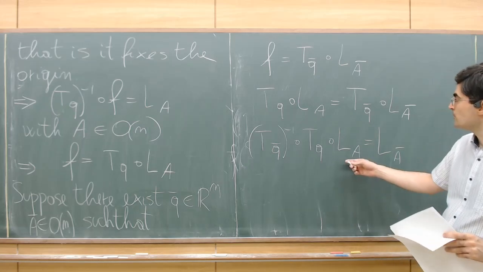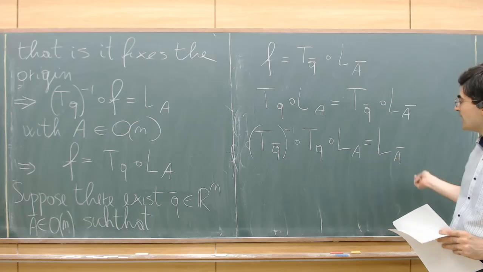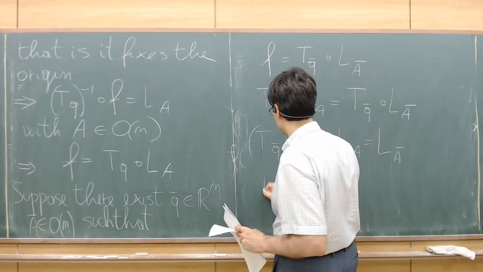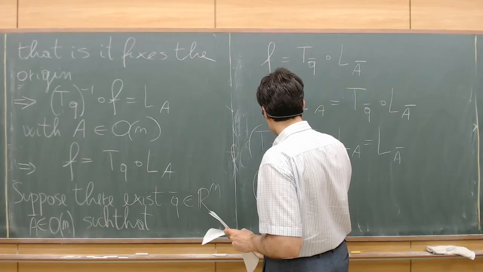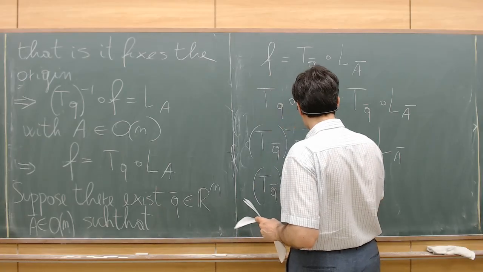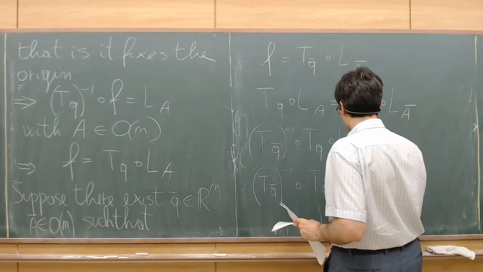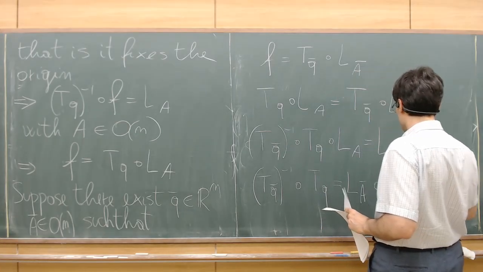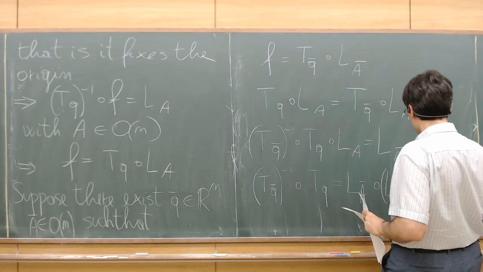Okay, now let's compose both sides on the right with the inverse of LA. So we get TQ bar inverse composed with TQ equal to LA bar composed with LA inverse.